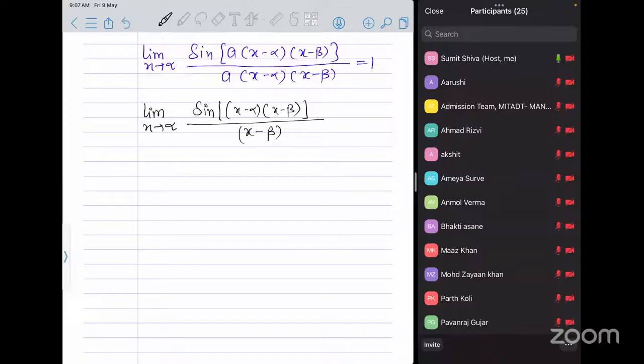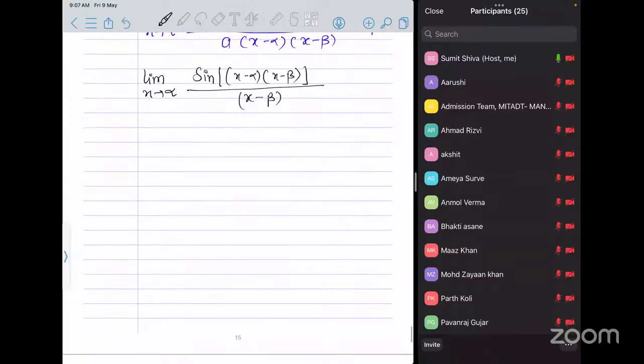Then what will be the answer in this case? Since x is tending to alpha, x minus alpha will be tending to 0. And in argument, we have x minus alpha and x minus beta.